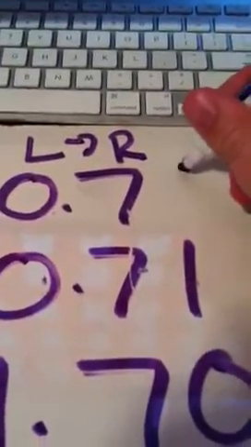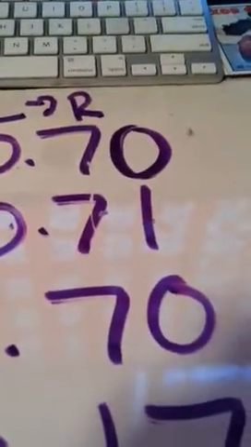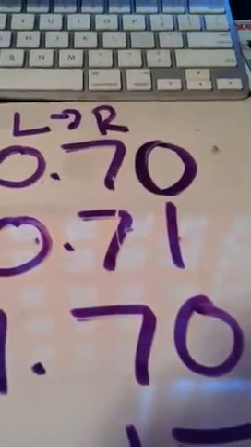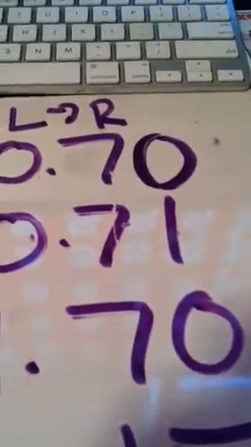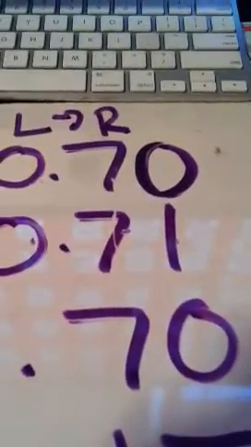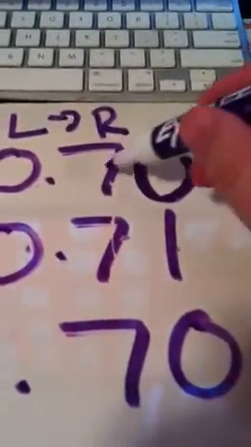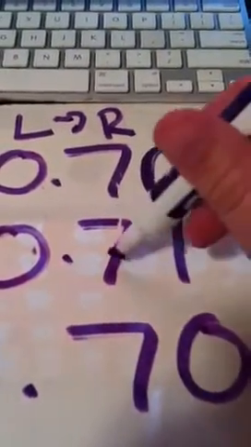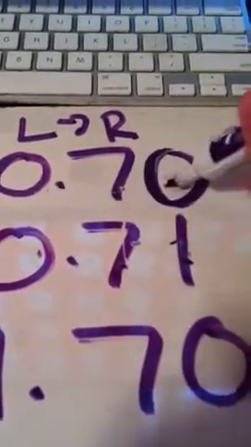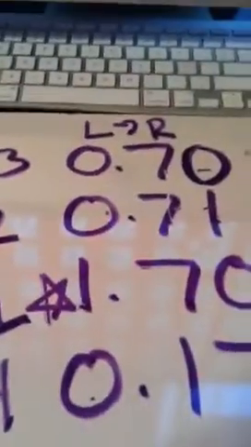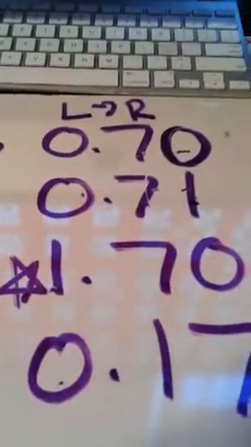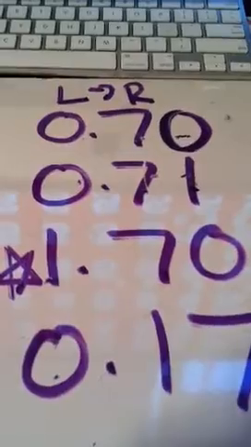But anytime you have decimals that aren't the same size, you can put a placeholder or fill them in until they're the same size. So I can put a 0 down, and now I have 70 hundredths and 71 hundredths. 71 is greater than 70. So if I were putting these in order, this would be the second biggest, and this would be the third biggest.